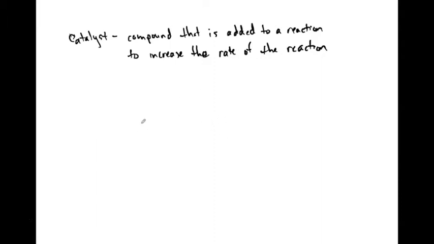So if we do this reaction without sulfuric acid, it takes a lot longer to make aspirin from our reactants. Right? That sulfuric acid is going to help push this from reactants to products a lot faster. So one thing to notice is that catalysts are not used up in the reaction, meaning that the amount of sulfuric acid that we start with, we end with.